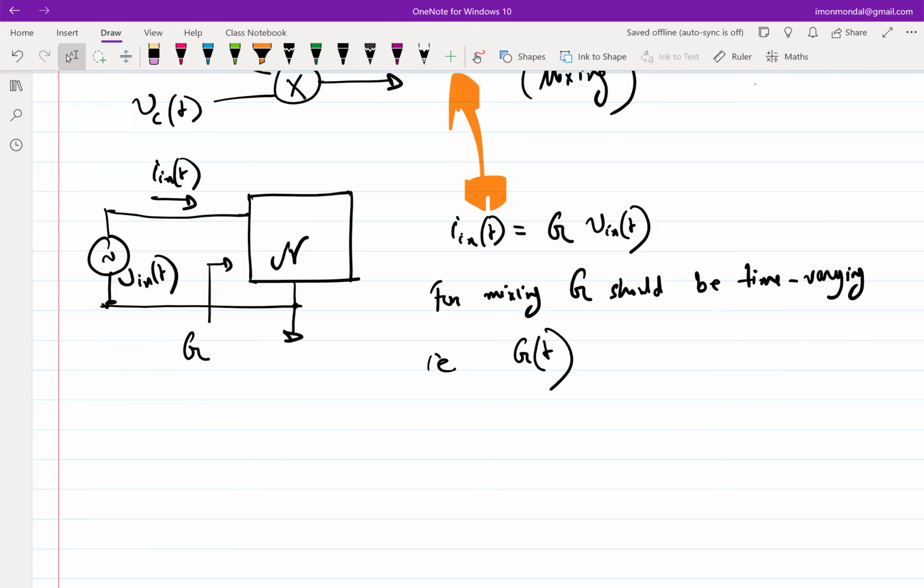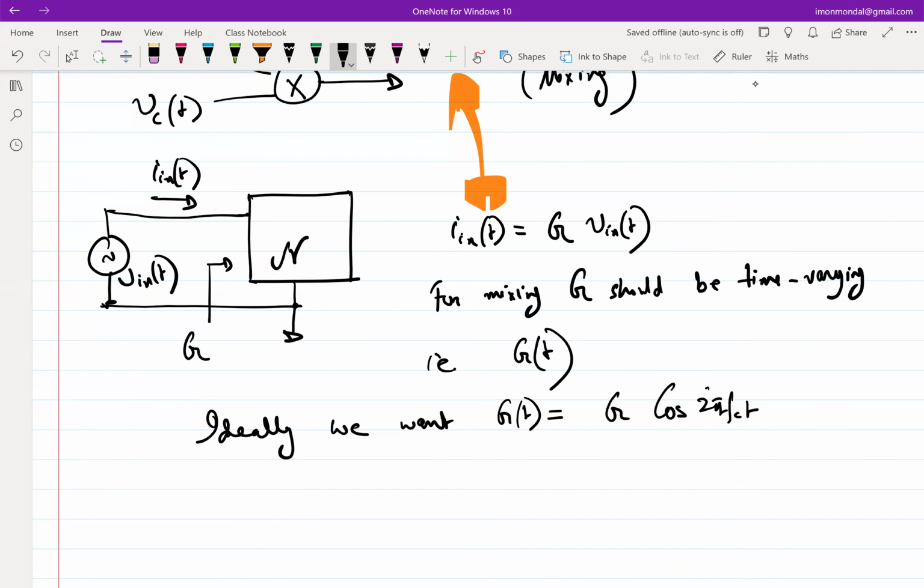So ideally, we would want G of t to be some G, which is constant, times some cosine 2 pi fct. Right? So let's say I call this G naught times cosine 2 pi fct. This is ideally what we want.